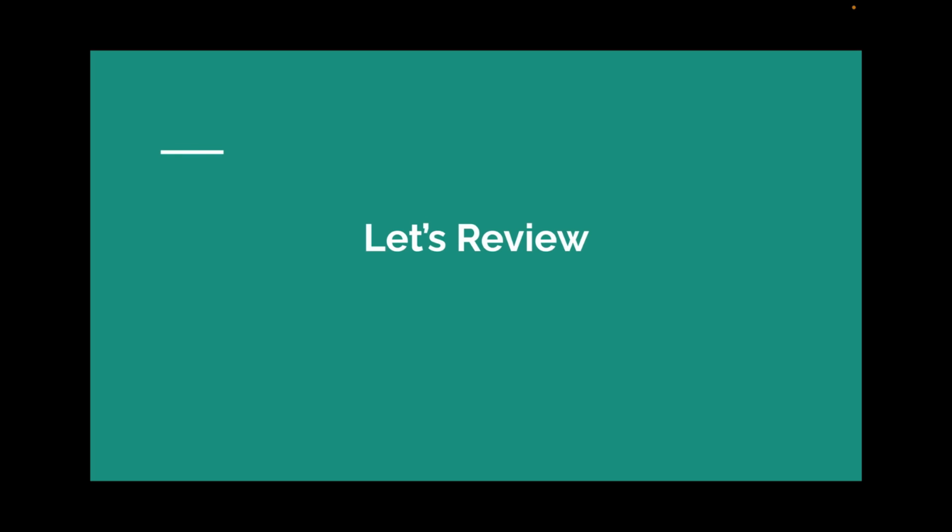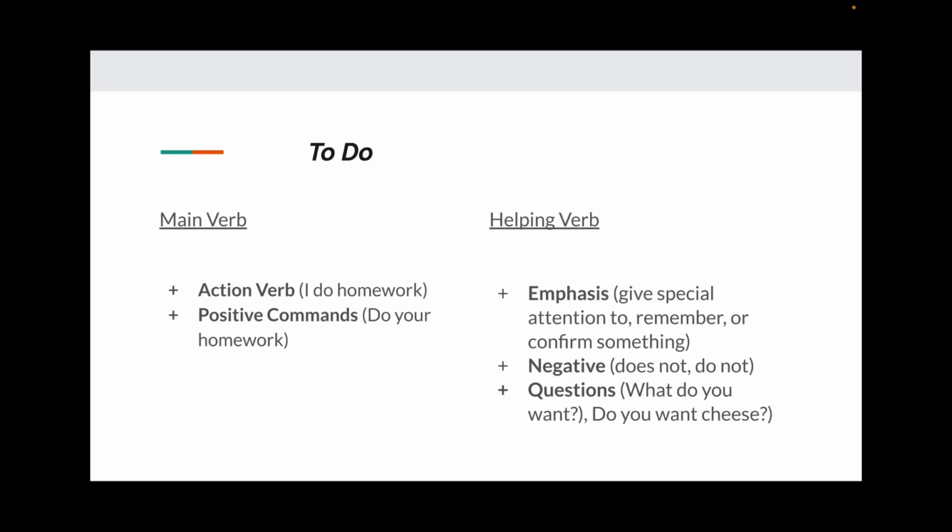Let's review. As we've learned, we can use to do as a main verb to indicate action. So someone doing something. For example, I do homework. We could also use it to form positive commands such as do your homework.